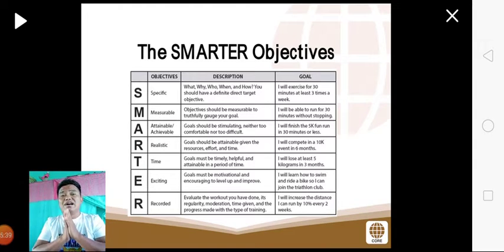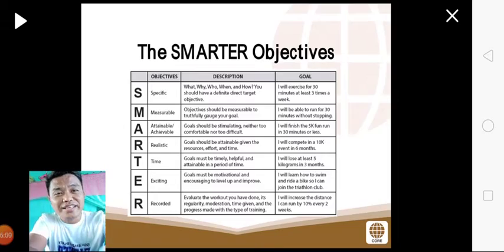Again, S is specific, M for measurable, A is for achievable or attainable, R is for realistic, T is for time, E is for exciting, and R is for recorded.